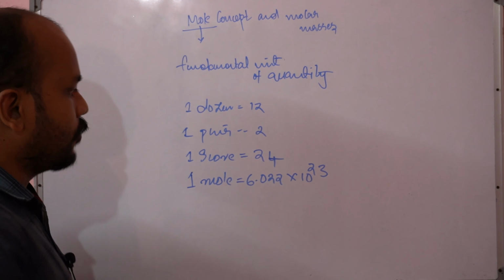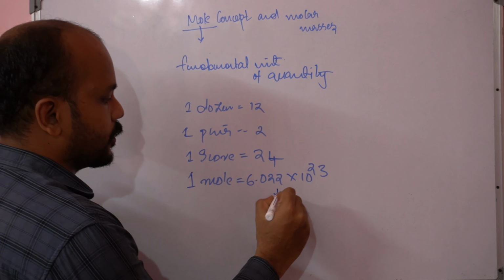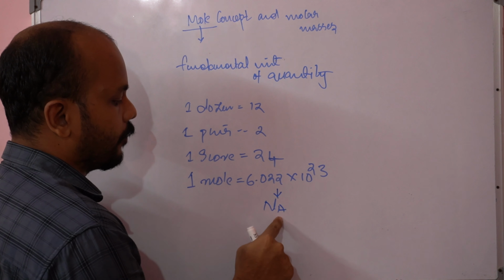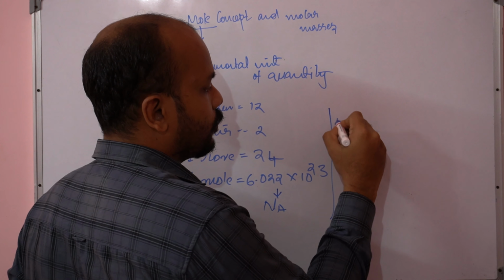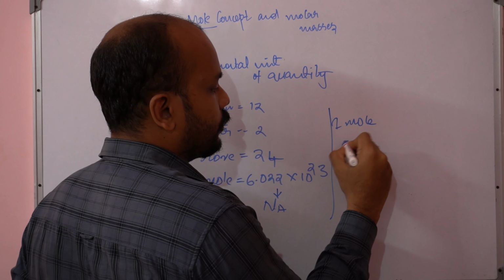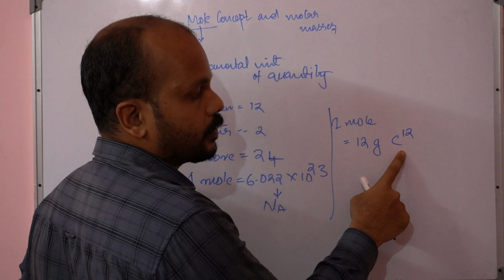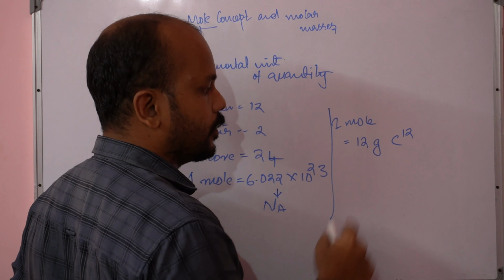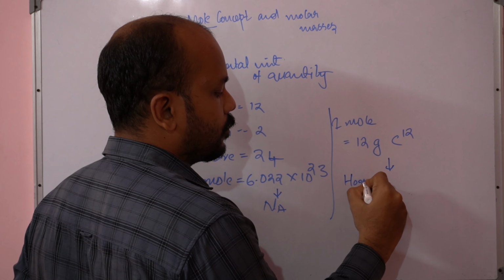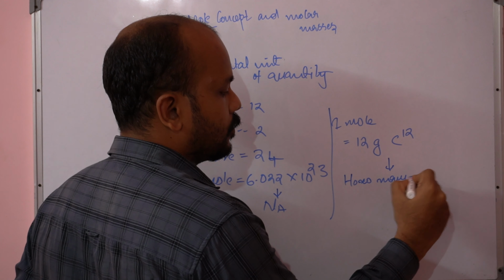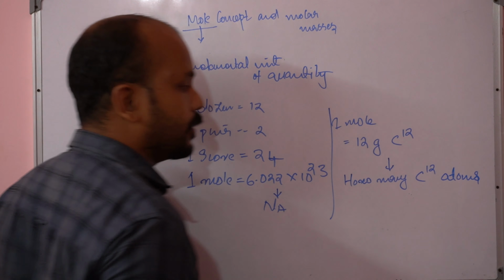Let's see how this particular number has come. This number is known as Avogadro's number. A stands for Avogadro, N stands for number. By definition, 1 mole is, if you take 12 gram of carbon, which you already know is one of the isotopes of carbon, the number of carbon atoms in it is going to be 1 mole.